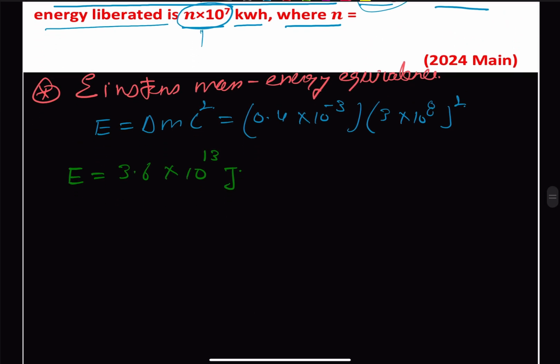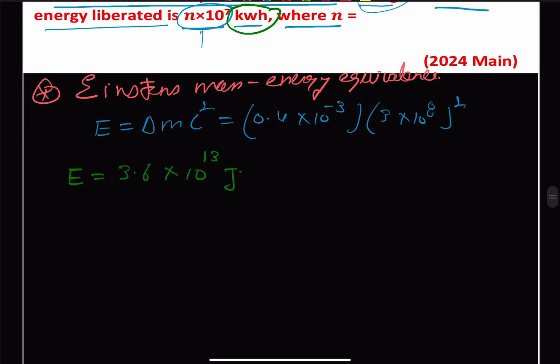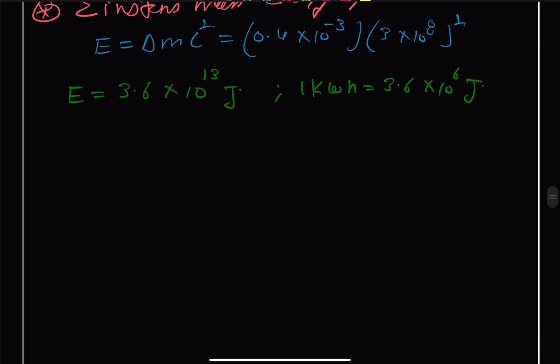And we are given this is equal to n into, and we have to remember that the given unit is kilowatt hour. So we know that 1 kilowatt hour is equal to 3.6 into 10 to the power 6 joules. Therefore, our energy E will be equal to 3.6 into 10 to the power 13 divided by 3.6 into 10 to the power 6.